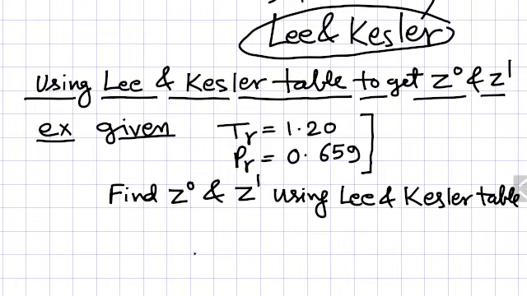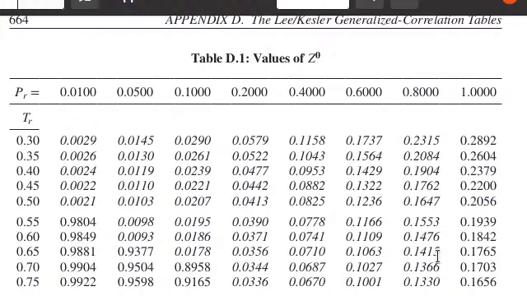So first we will go to the table. Our TR was 1.20 and the reduced pressure was 0.659.